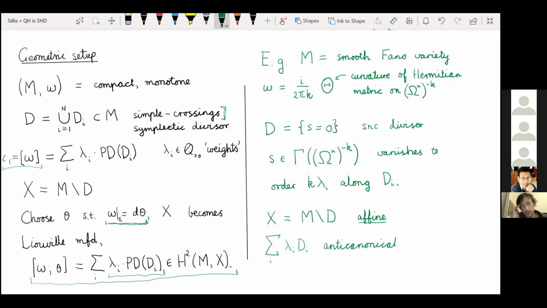So this ensures that X is an affine variety, and this divisor, the sum of lambda i Di, is anti-canonical.